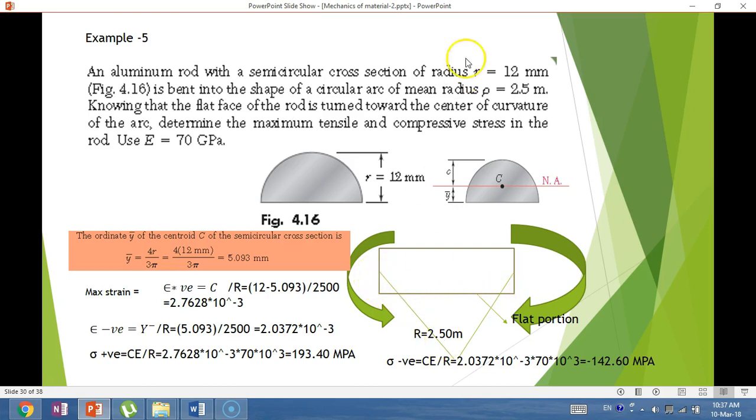The radius of curvature is given as rho equal to 2.5, so from the neutral axis to that point is 2.5 and 2.5, and this is the shape before application of the bending moment. It will be bent like that.